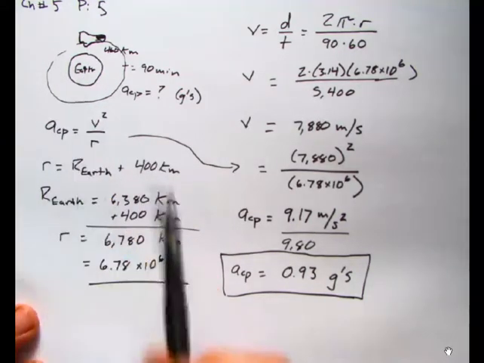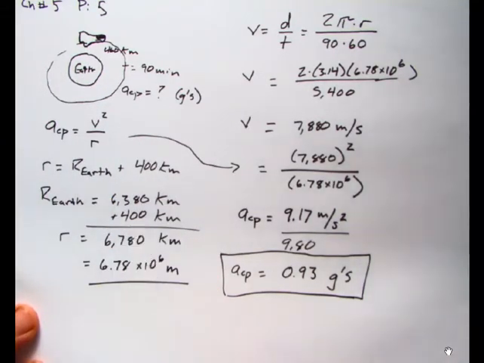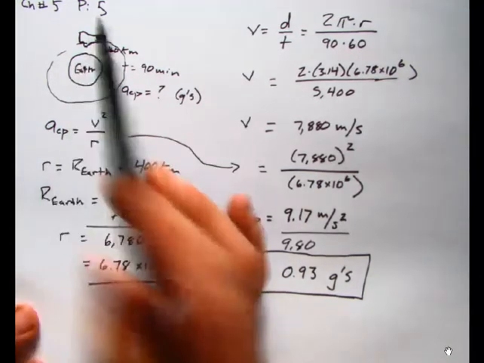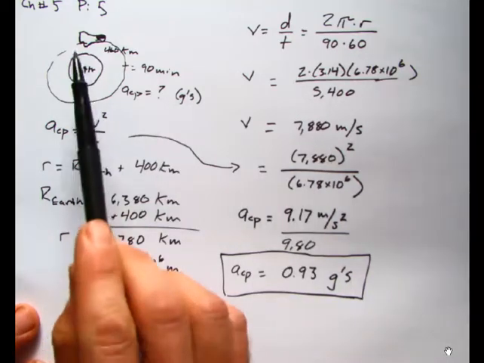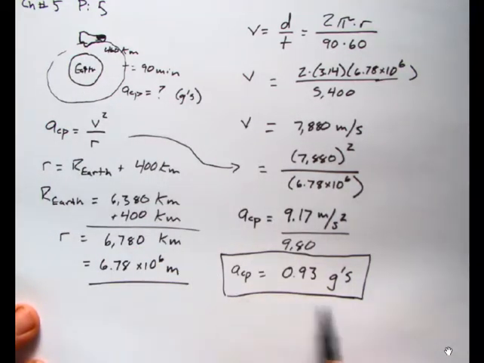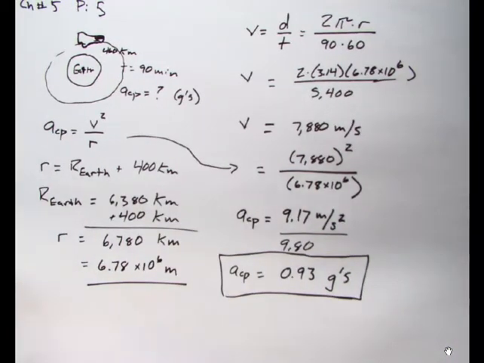You're only increasing your effective radius by less than 10%. So it would make sense that your acceleration goes down by less than 10%. Okay. So the space shuttle experiences a centripetal acceleration of 0.93 G's while it's in orbit. And that is our answer to problem 5 of chapter 5.